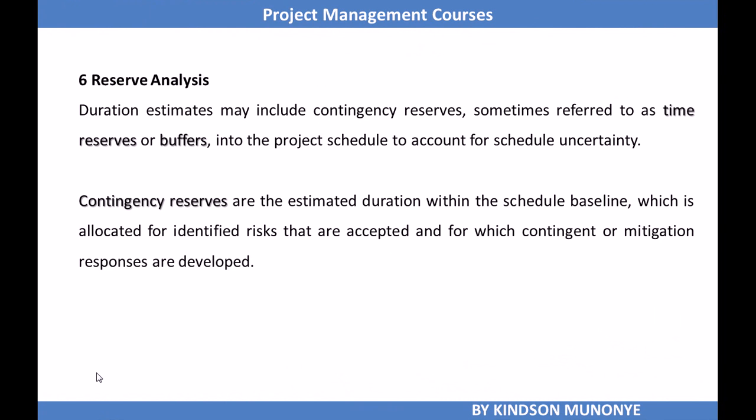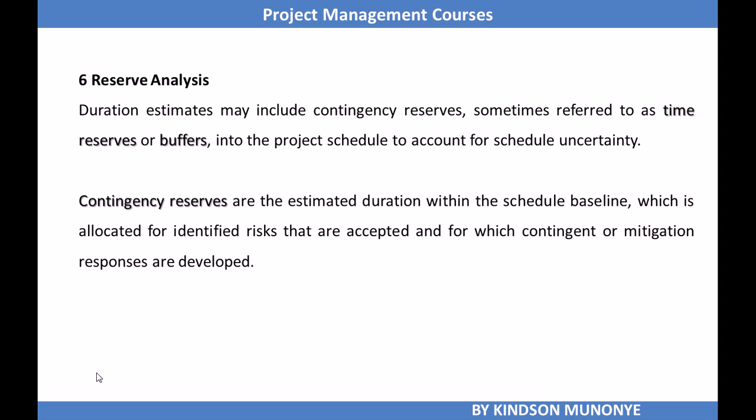Alright, so we now take a look at the last tool and technique used for estimating activity duration, and that will be reserve analysis. Duration estimates may include contingency reserves, sometimes referred to as time reserves or buffers, in the project schedule to account for schedule uncertainty. So you make an estimate, and you also add a reserve to it to handle uncertainty.